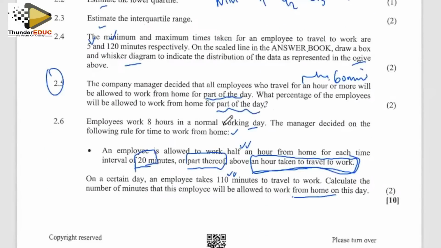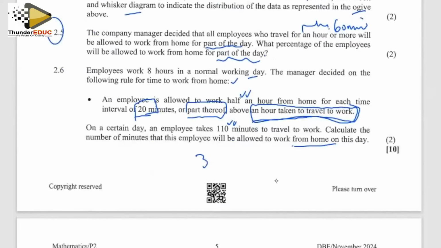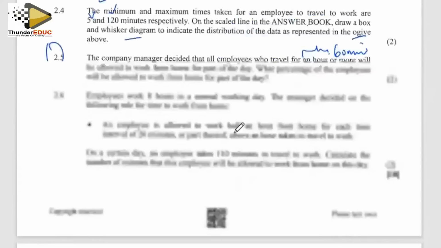So how many minutes? We have half an hour, which is 30 minutes. That's another 30, and that is also going to be another 30. So we can say we have 30 times 3, which gives us 90 minutes. Okay, so that is question number 2.